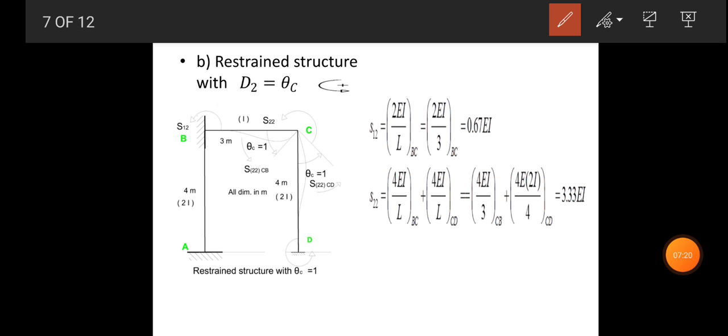Now to get the second column of the matrix, apply the unit rotation at theta C in an anti-clockwise direction as positive.